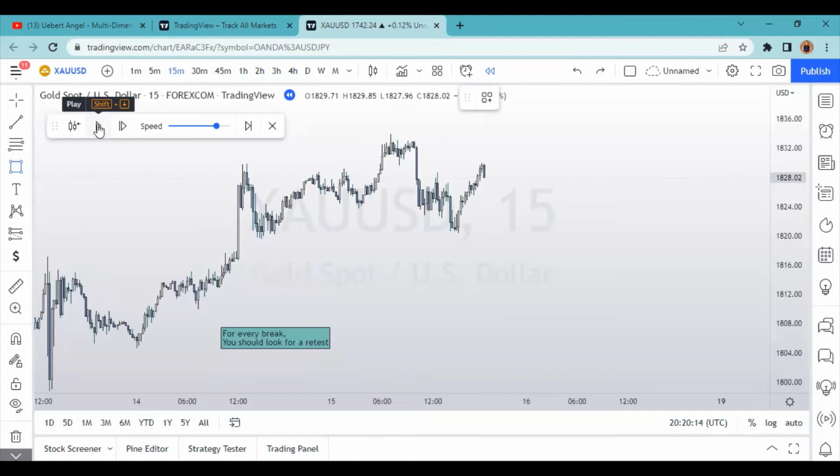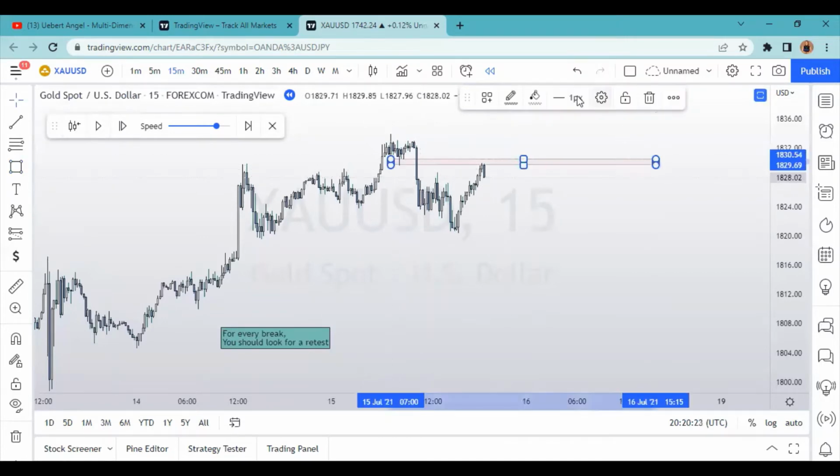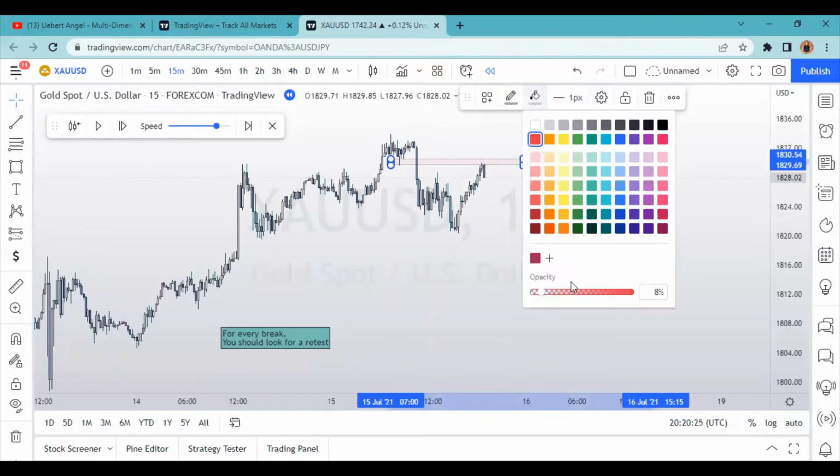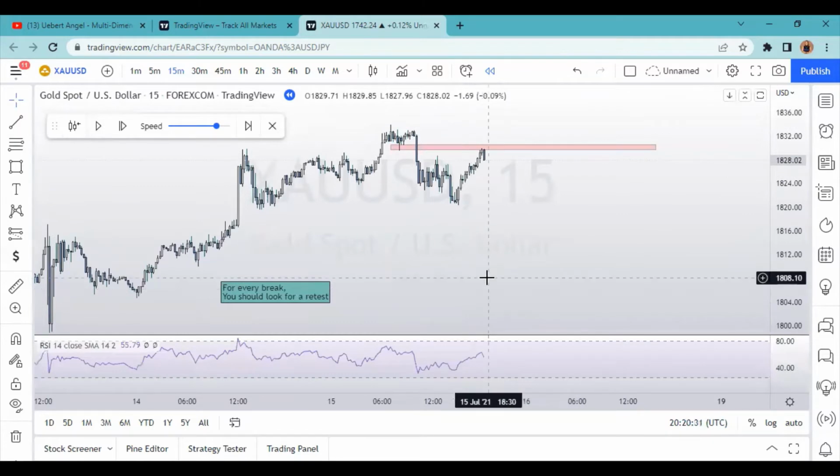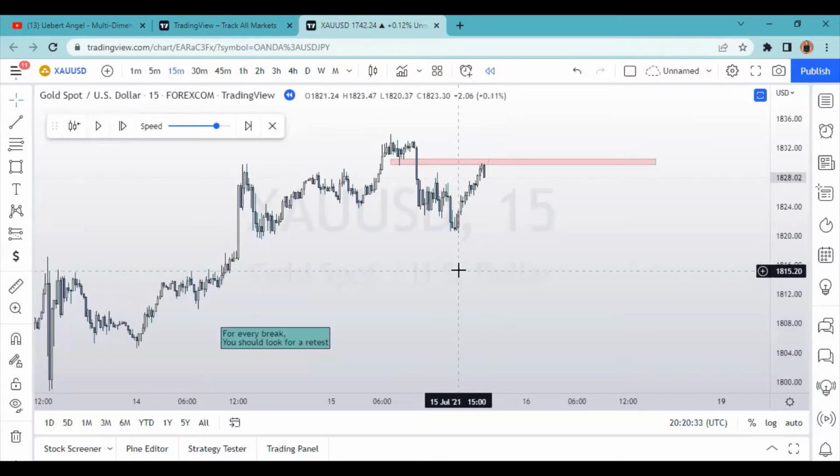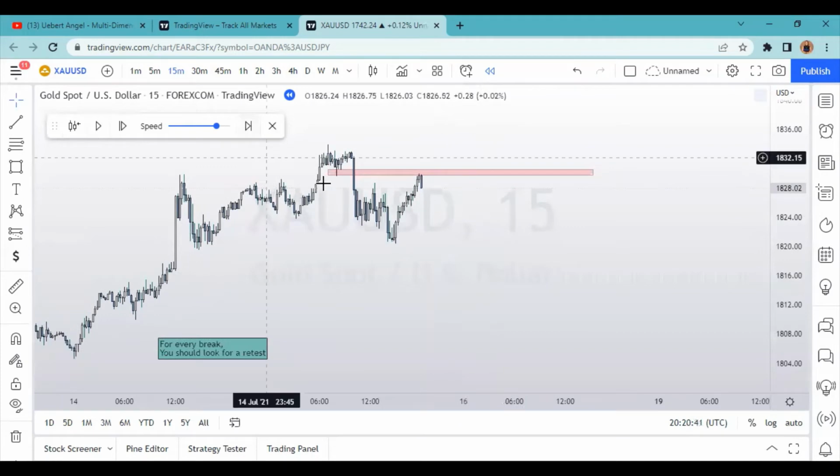Okay, if you don't see it, you don't trade it. I use a pink rectangle for my minor structure, that's 15 minutes, 30 minutes downward analysis. So I'm going to be using this pink rectangle tool.